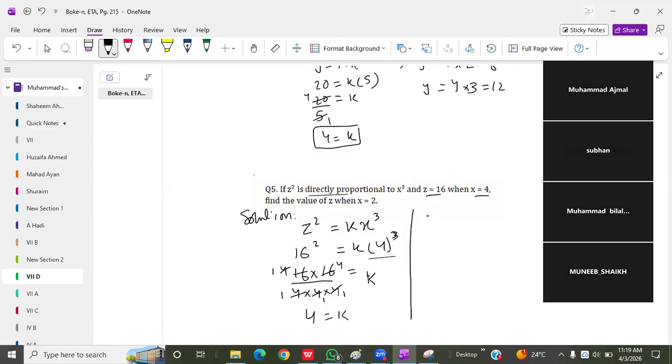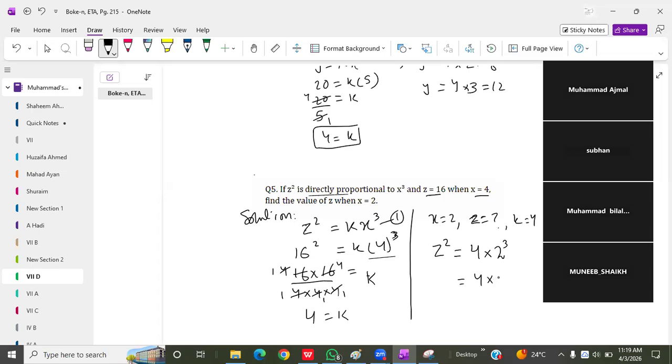Now we put x equal to 2, and we have to find z, unknown, and k equal to 4 in equation 1. So z square is unknown. So k is equal to 4 and x is equal to 2 here and x has the power 3.